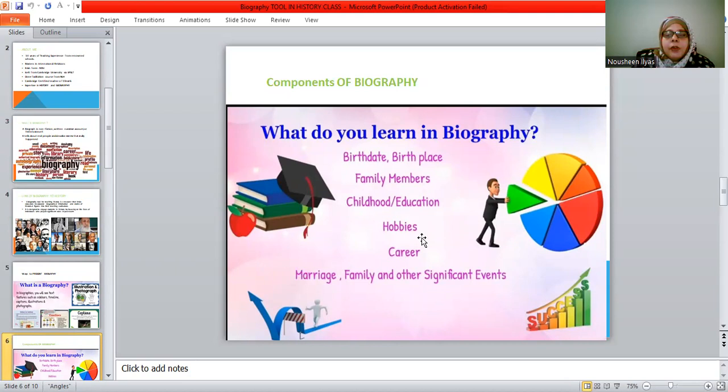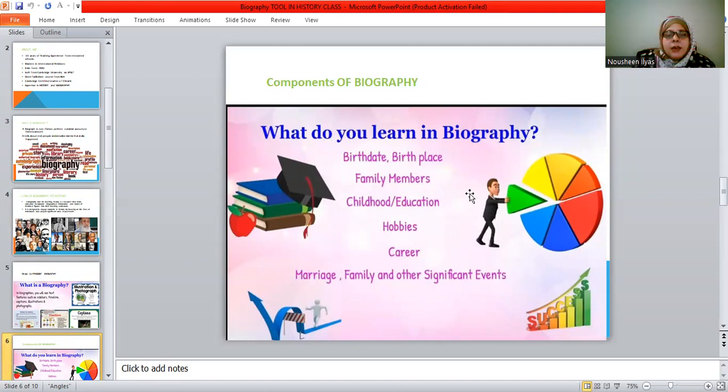A few days back, I was teaching my students about Shah Waliullah. When I gave them a document and these points, they prepared important things like birthplace, family members, the father, education, childhood, and what his career and significant events were.